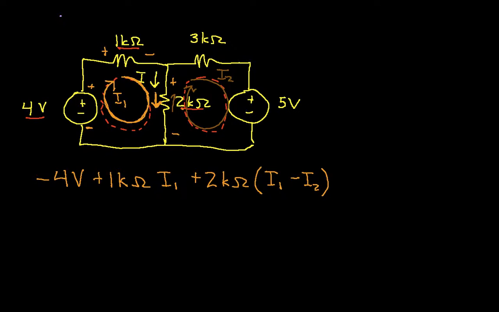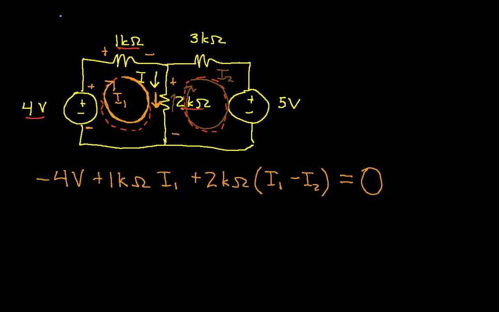So that's actually the weird part about mesh analysis. If this last step made sense to you, then everything else will be easy. Again, conceptually, the idea is we look at the actual current flowing through a resistor as the sum of these virtual currents. And since we're applying KVL around mesh 1, we're done. We can say that this is equal to 0.